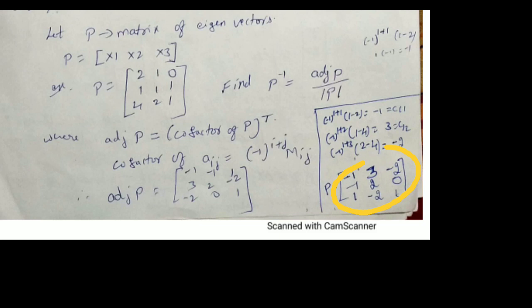This cofactor matrix of P has to be transposed to give the adjoint P. That can be done by making the first row elements minus 1, 3, minus 2 into the first column, and bringing the second row elements into the second column and the third row elements into the third column.